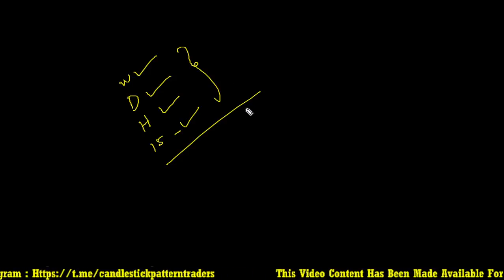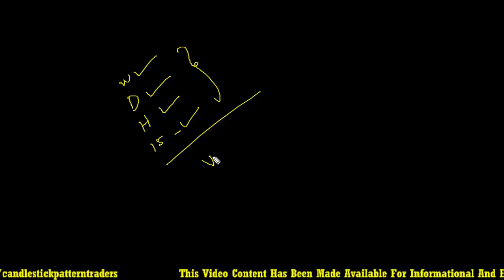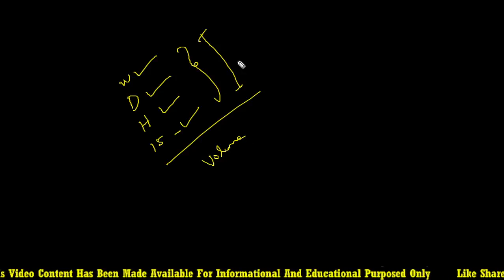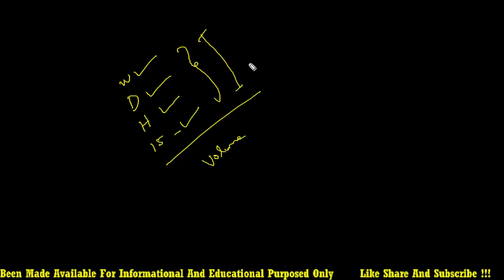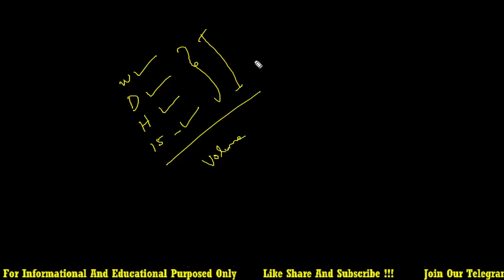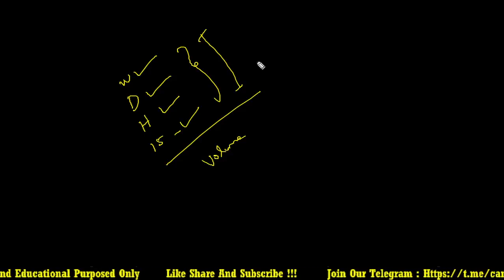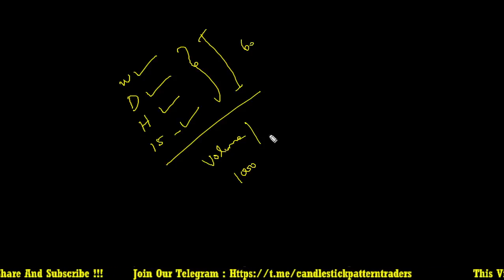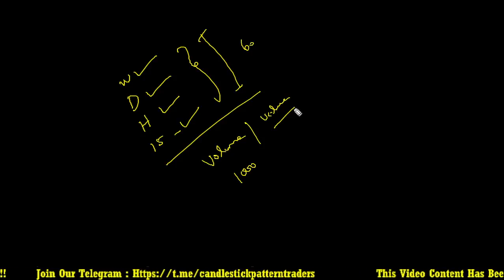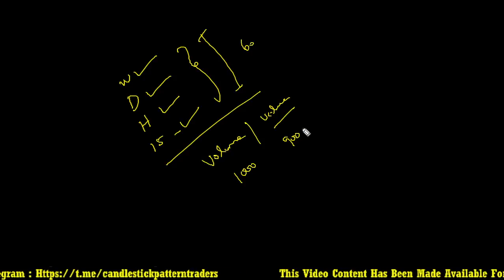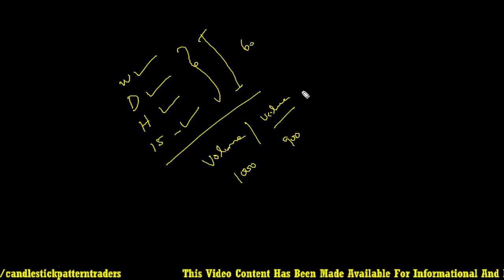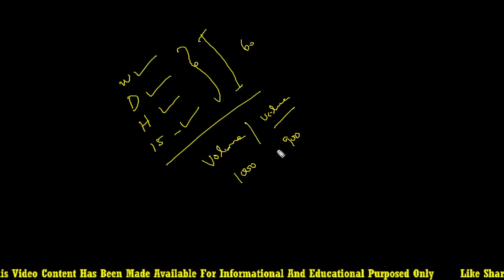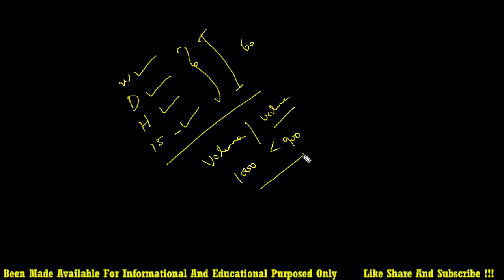And we have an additional condition, which is volume. Even if a stock satisfies all the RSI conditions on weekly, daily, hourly and 15 minutes, if yesterday's volume is 1000, let us assume, and today's volume is around 900, the stock will not be in the list. The latest volume must be greater than the volume one day ago, so that condition is not satisfied.